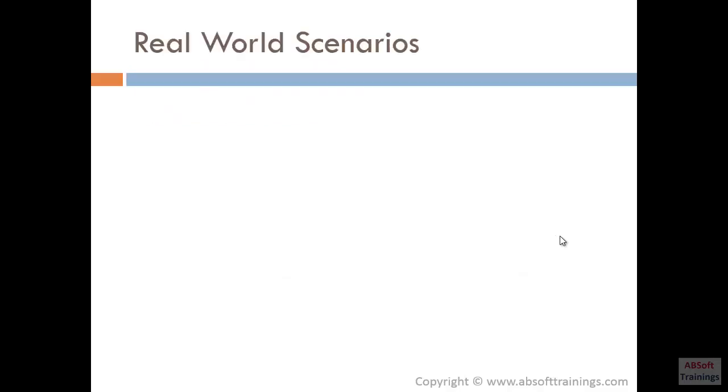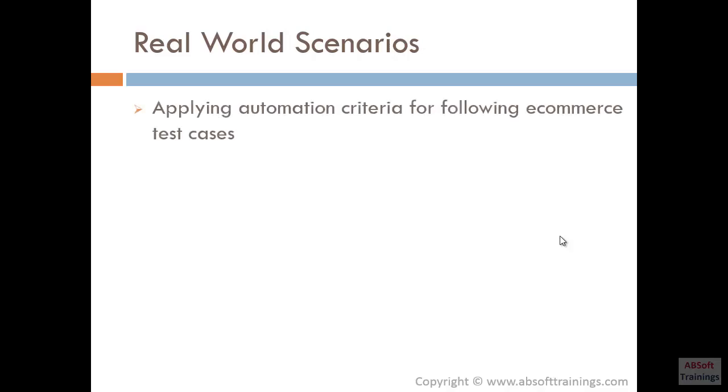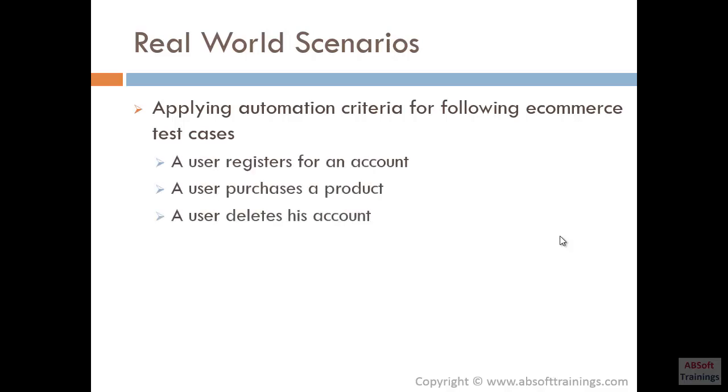Let's look into a few real-time scenarios. Let's say there is an e-commerce website, Amazon or Flipkart here in India. There are a few test cases. How are you going to apply the automation criteria? A user registers for an account. This is going to be a very common test case.